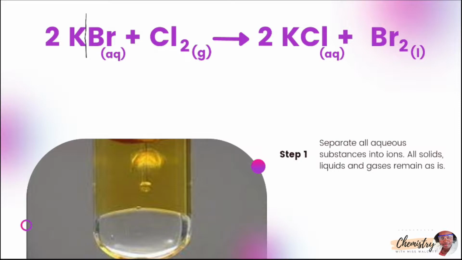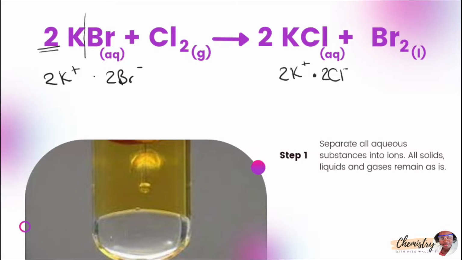We also need to remember that once the equation is balanced, and we do start with a balanced equation, the coefficient is for both of the atoms. Once I separate potassium bromide into its ions, that means I have 2 potassium ions and 2 bromide ions. I have 2 potassium ions on the product side and 2 chloride ions.